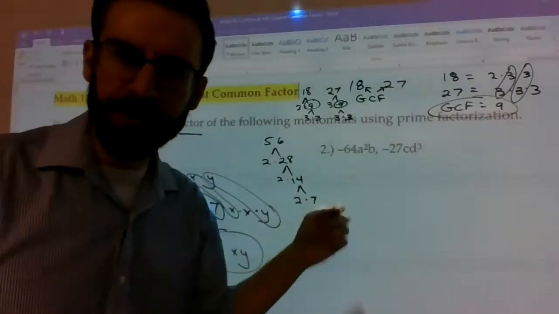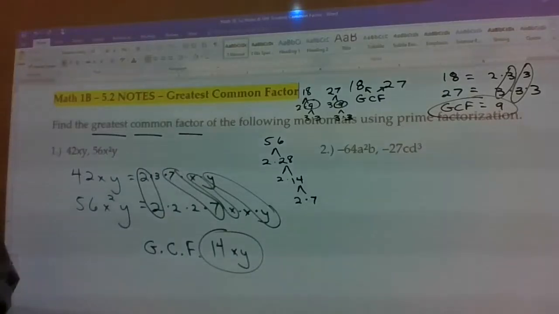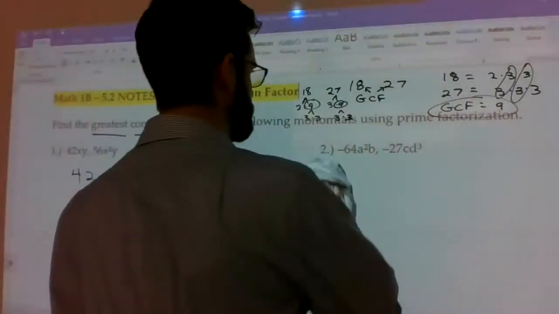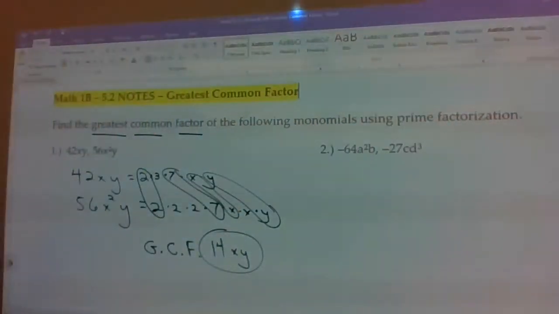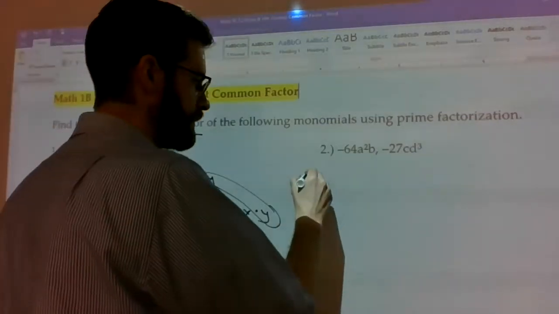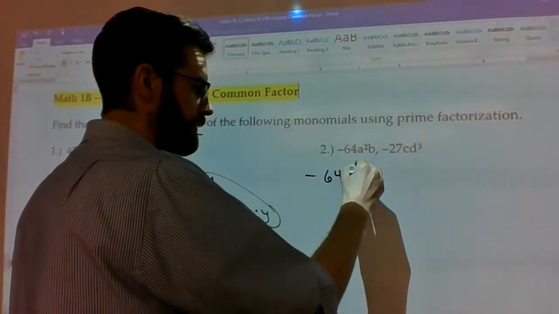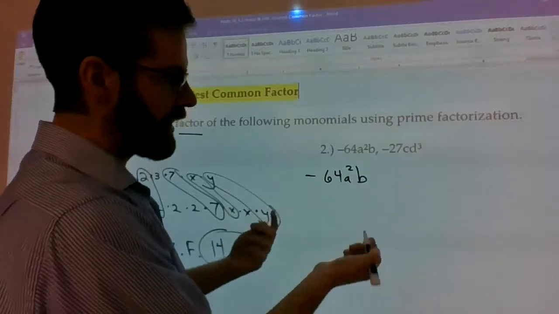Let's try this with number 2 now. So I'm lining it up horizontally.